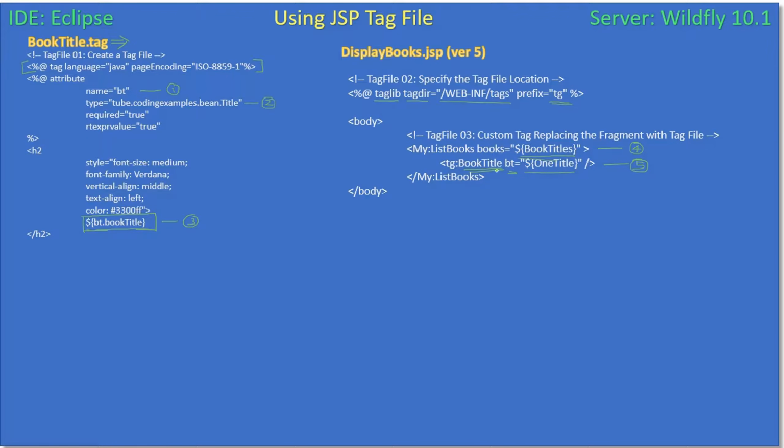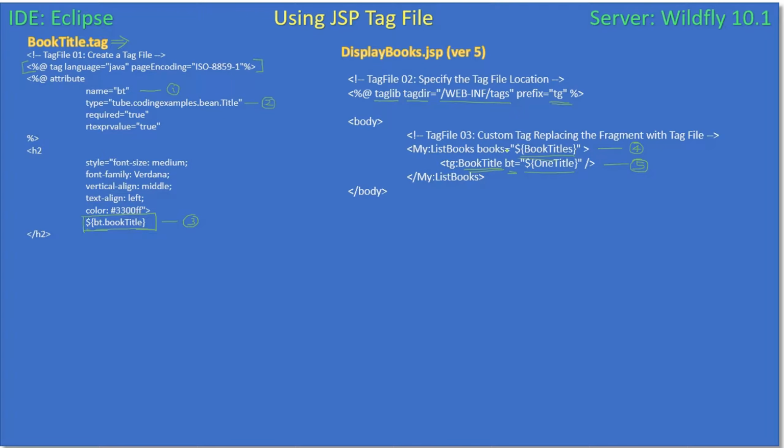Next, here is how he is using it. He is using our list books custom tag, which is defined in the TLD as well as the SimpleTagSupport class, which we saw in the previous videos. Then book title, which we will implement inside the doTag method itself, as you will see, and the data we will supply soon.